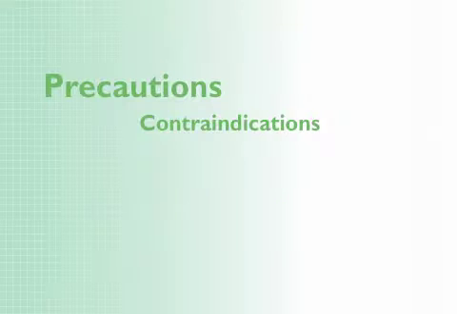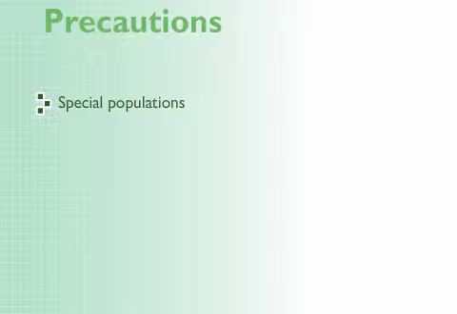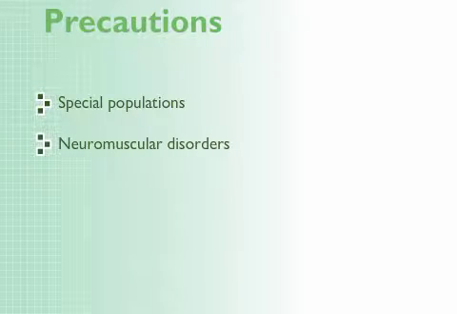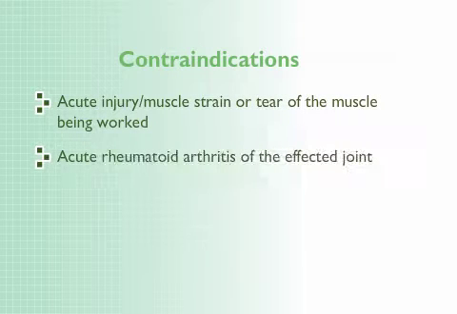Integrated dynamic strengthening exercises should be used with caution, particularly when training special populations and individuals with neuromuscular disorders. It is also contraindicated for use on muscles that have been acutely injured, strained, or torn, or if acute rheumatoid arthritis is present at the joint or joints being affected by the exercise.